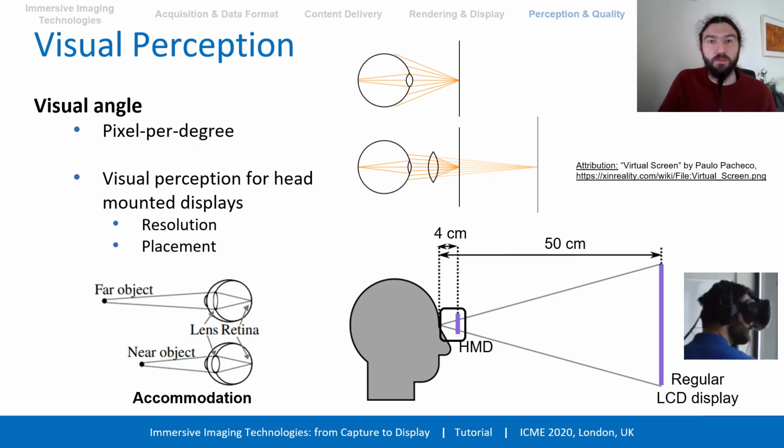In order to solve this problem, a lens is placed between the HMD's display and the human eye, as shown in the top figure and also in the sketch in the center below. This increases the perceived distance between the eye and the virtual screen and helps the eye accommodate. It also increases the field of view for the screen displays, so it gives us a better and wider field of view for the HMD.